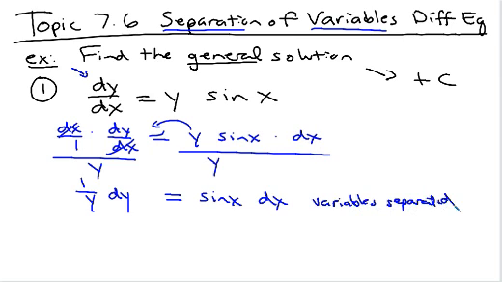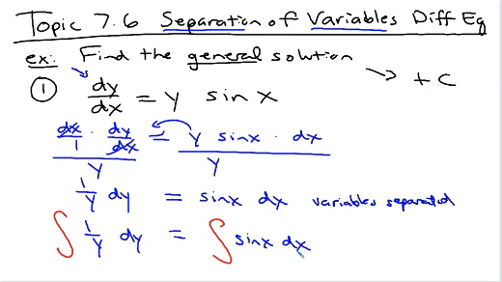At this point, I am now going to integrate both sides. What I do to one side, I do to the other. So I'm integrating the left side, I'm integrating the right side. This is a nice, fairly easy problem to start with, but it's going to help you get the idea.